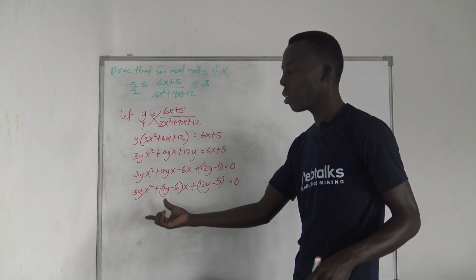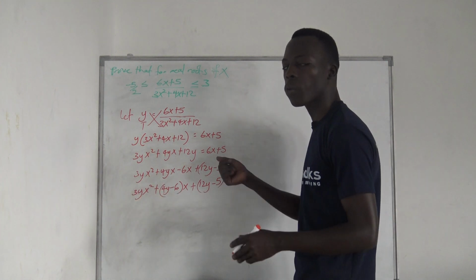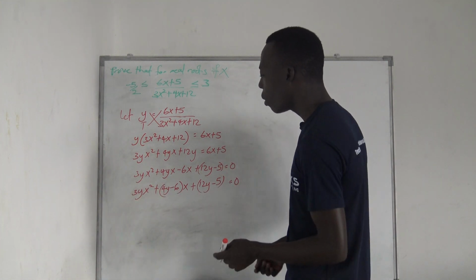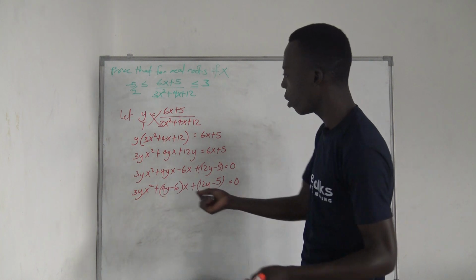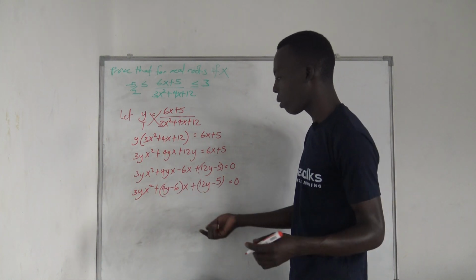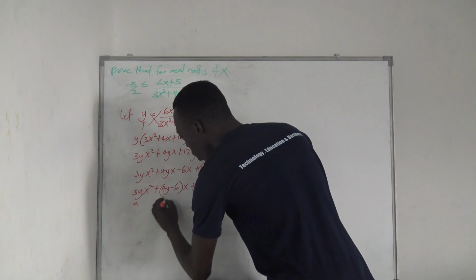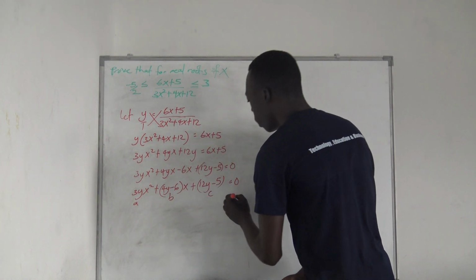Since we said we must make it a quadratic equation in x, we check on this: this is the a, this is the b, this is the c.